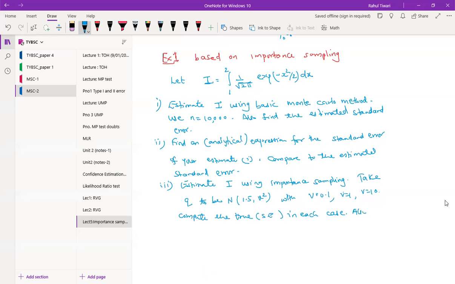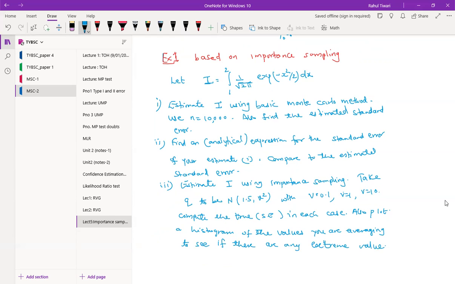And also, if you want, you can draw the histogram. Also, plot a histogram of the values you are averaging to see if there are any extreme values.